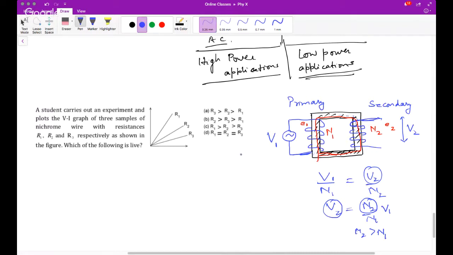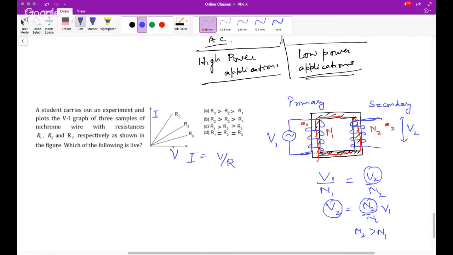Unfortunately, in this question it's not mentioned which is V and which is I. Usually it's I equals V upon R. So let's say this is my V and this is I. Now tell me, what is the correct order if the x-axis is V and this is I?